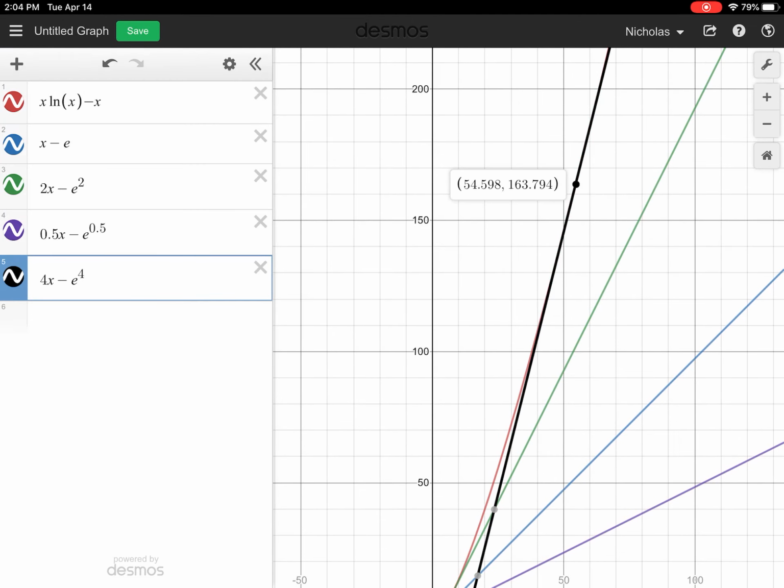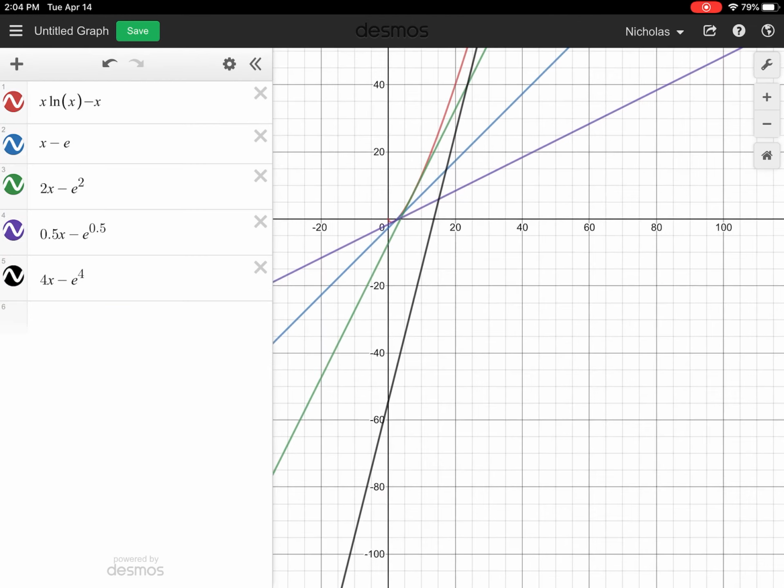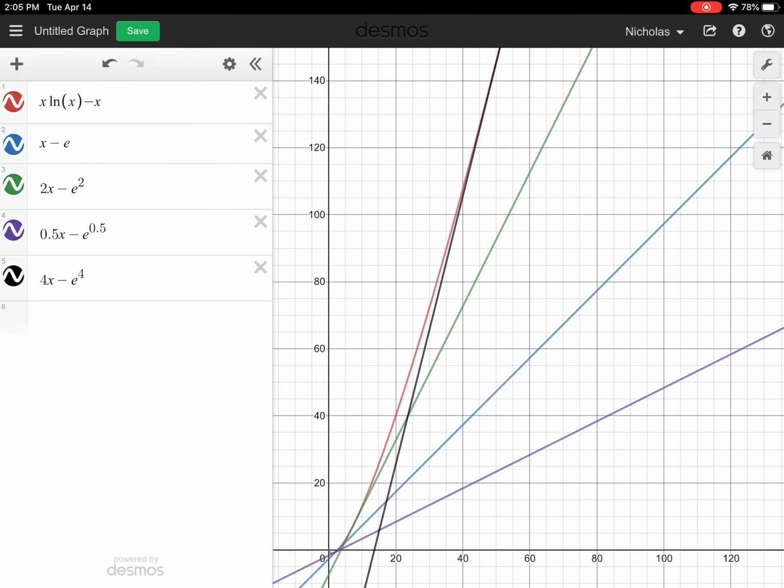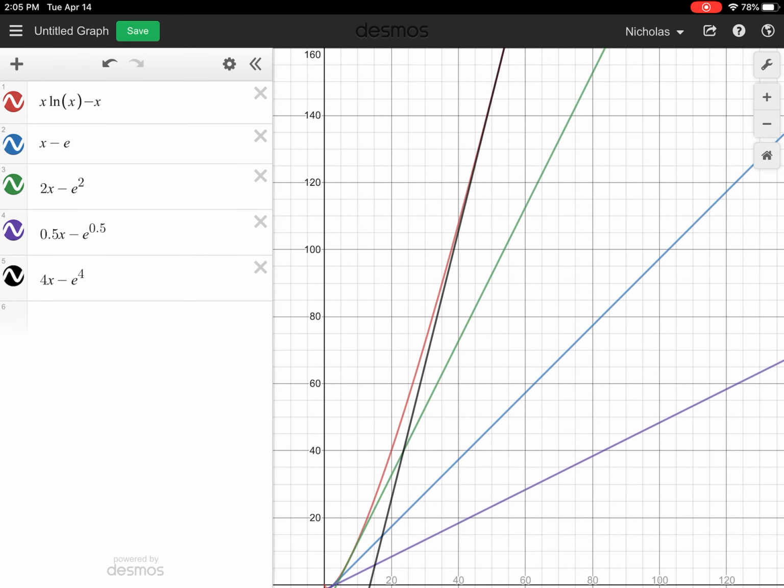So I kind of want to graph a little more. Let's do 4x minus e to the 4th, and that one is tangent at exactly e to the 4th. So in general, the singular solution creates a curve where the general solutions for all values of c are tangent to that singular solution.